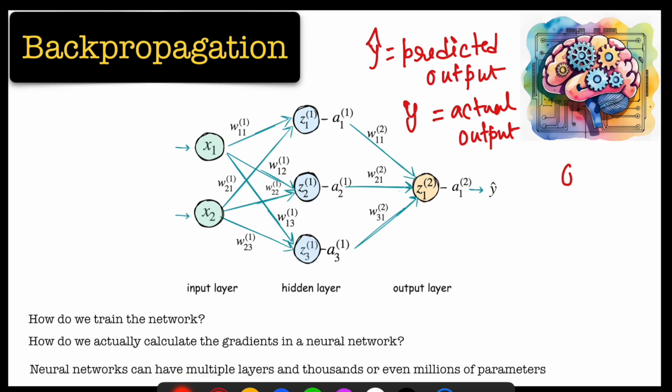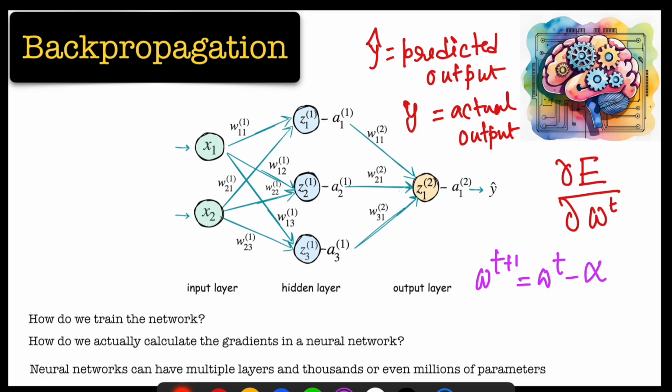So we have to calculate the gradient of that error with respect to all these weight values. If you remember gradient descent, that's how we update the weight parameters: Wt plus 1 equals Wt minus alpha, where alpha is some learning rate, times del E del Wt.